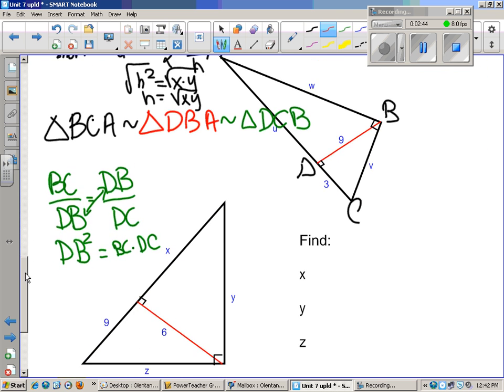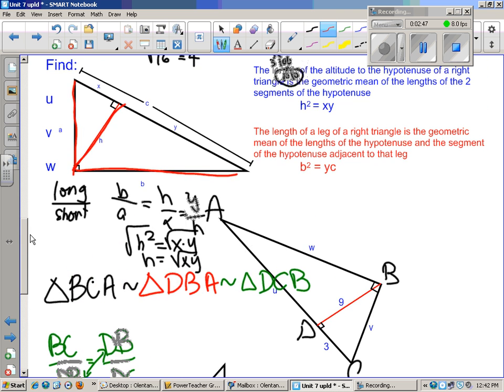But let me just quickly show you what they are, because unfortunately we have short time today. So we already said that the altitude, which in this case we called H, is the geometric mean of the two pieces of the hypotenuse.